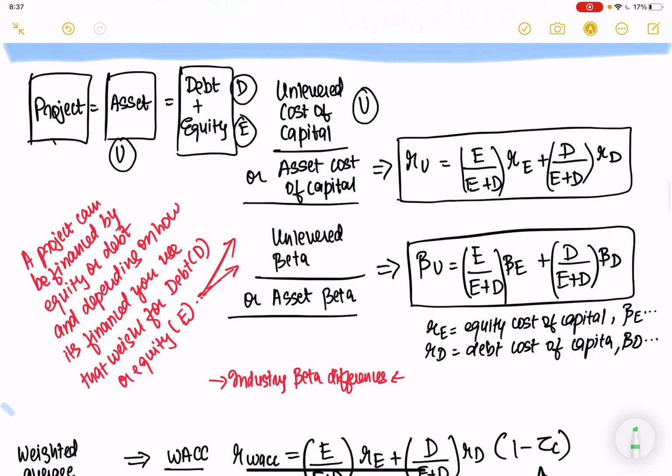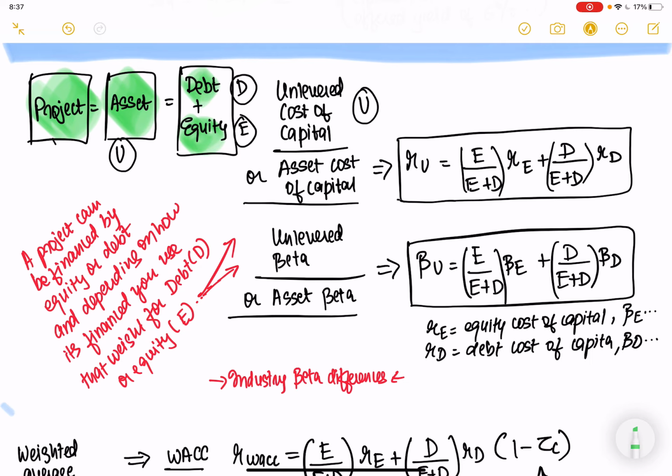Now, a given asset or a given project can be financed using debt or equity or both, right? Any company typically has some sort of debt and some sort of equity. So a typical project will be financed by a company that has some debt already.